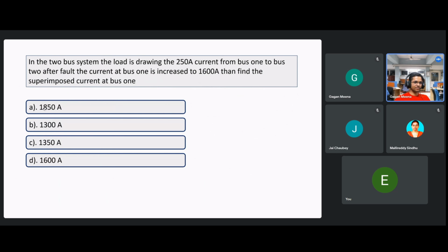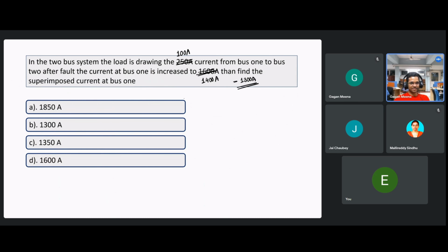Suppose this current is 100 ampere and this is 1400. Just 1400 minus 100, it is simple mathematics. This is correct when we are only talking about the absolute sense.